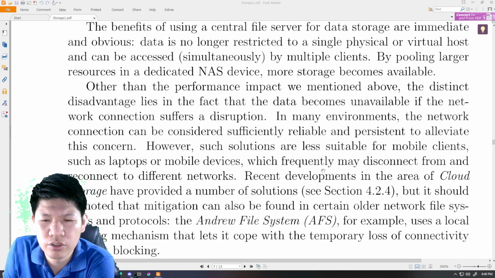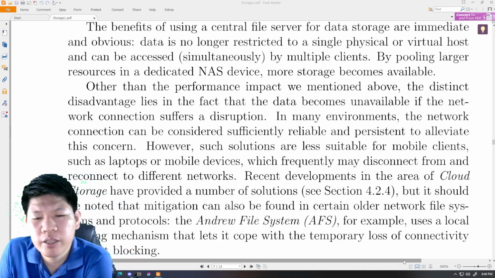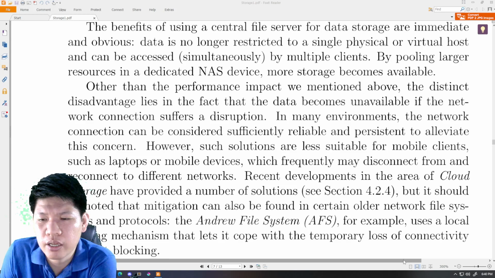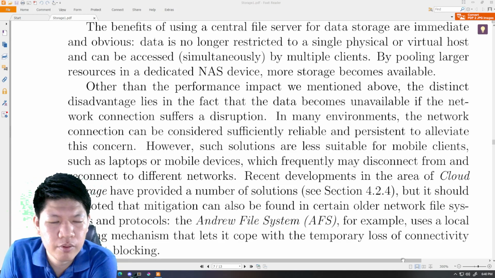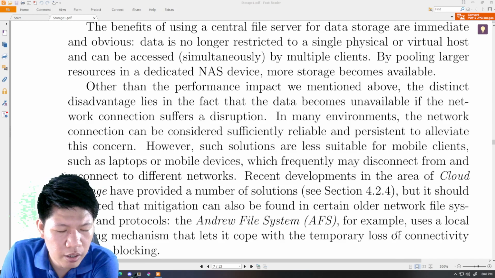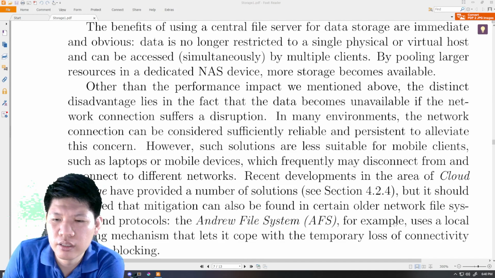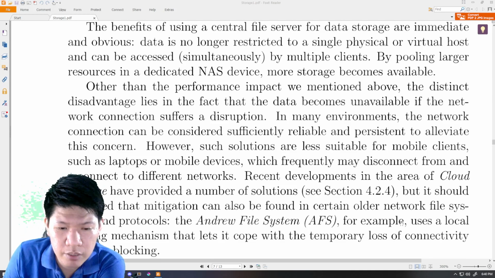However, such solutions are less sustainable for mobile clients, such as laptops or mobile devices, which may frequently disconnect from and reconnect to different networks. Recently, developments in the area of cloud storage have been provided.